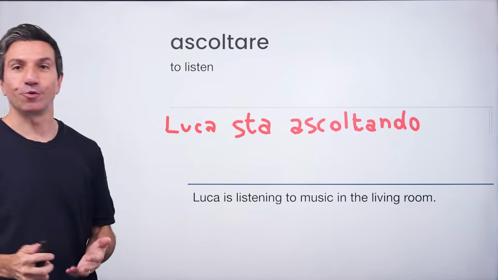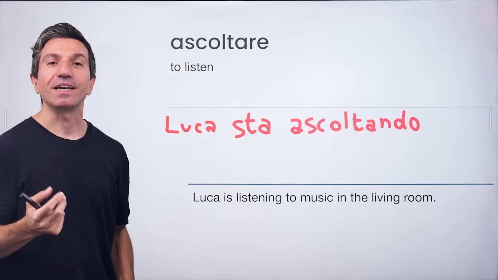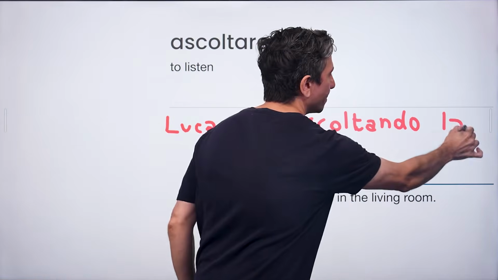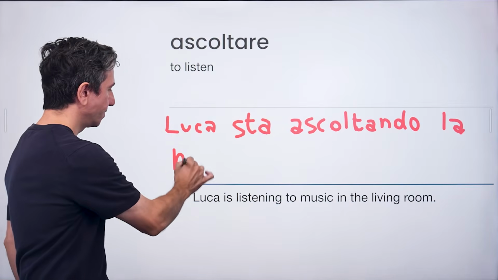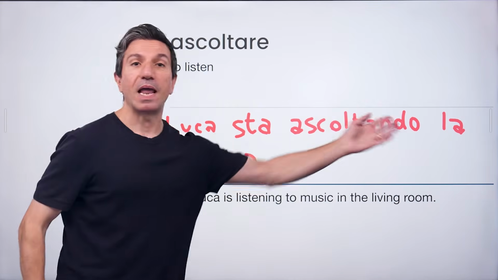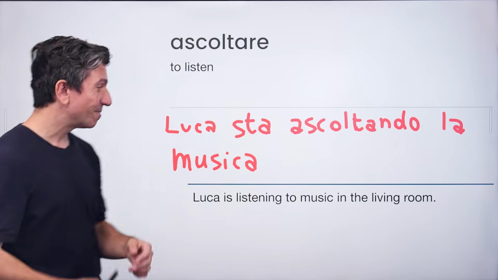Ascoltando, the gerund form of ascoltare, meaning listening, followed by la musica, meaning the music.